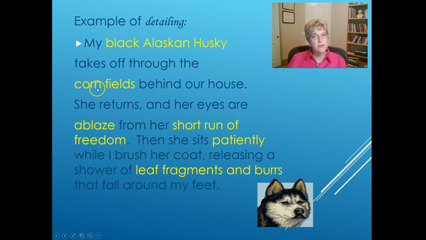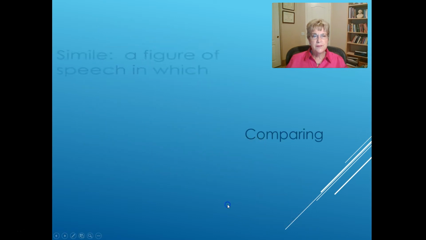What kind of field? They're cornfields. We see a little description of the dog's eyes because of her little bit of freedom. We see her sitting patiently, and we see the leaf fragments and the burrs falling around the feet of the owner. So those little details are inviting the reader into the experience.